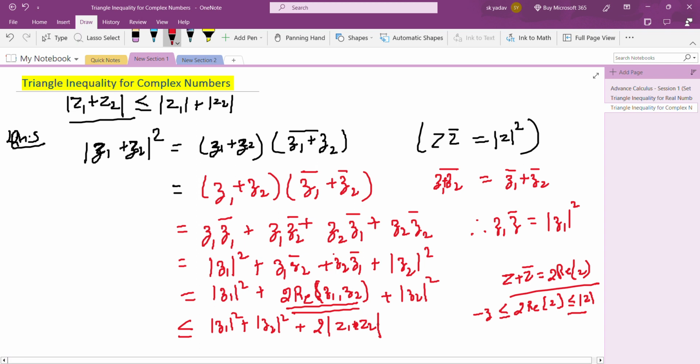So till this point I think everything is clear.